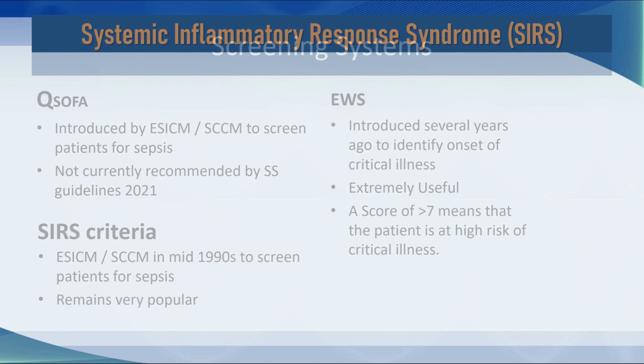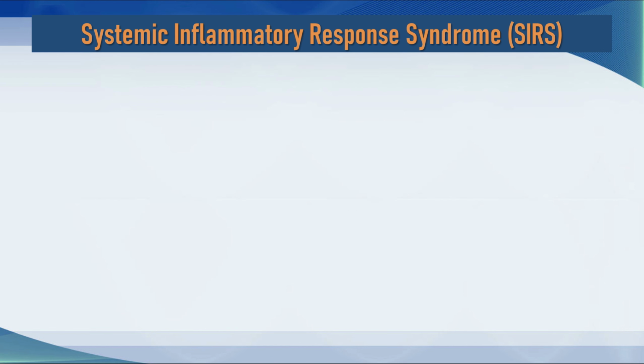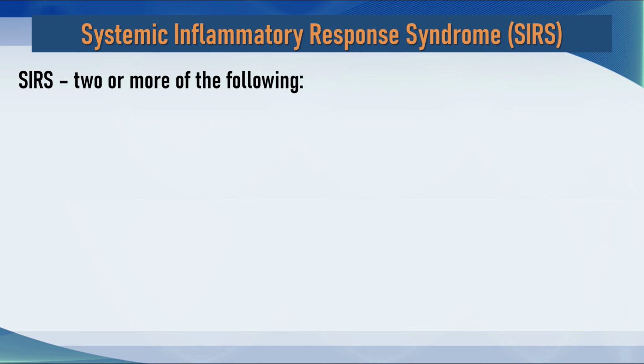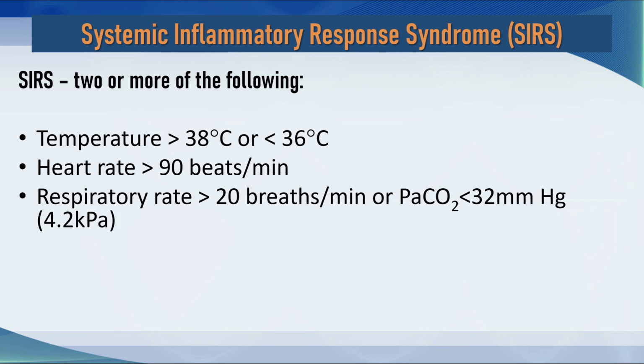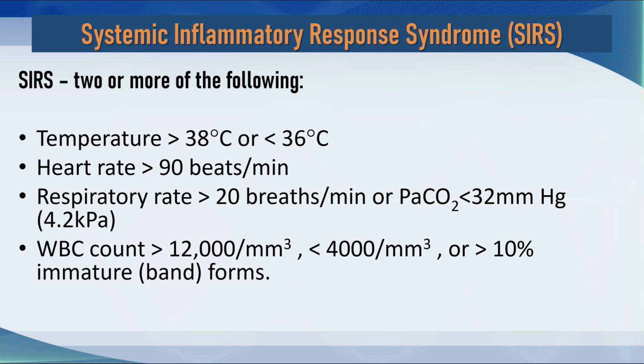Just to explain the SIRS or Systemic Inflammatory Response Syndrome definitions or criteria. SIRS is 2 or more of the following: temperature of more than 38 or lower than 36, a heart rate of more than 90, a respiratory rate of more than 20 breaths per minute or acute hypocarbia, a high white cell count or a low white cell count.